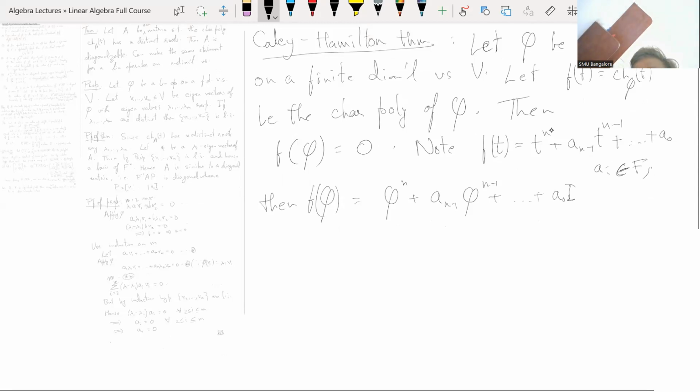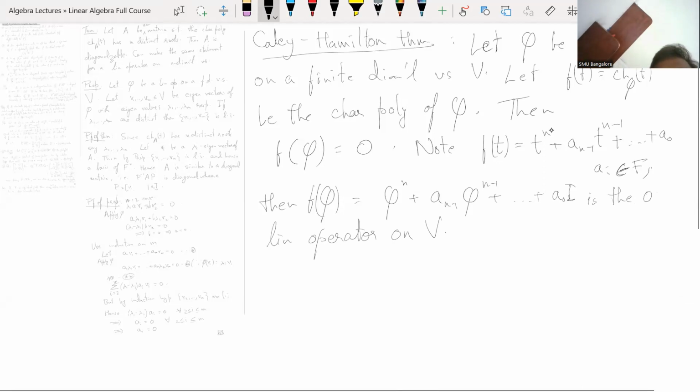That is, this is the zero linear operator on B. This is the elaboration of f of phi is zero. Okay, so this is what the Cayley-Hamilton theorem is.